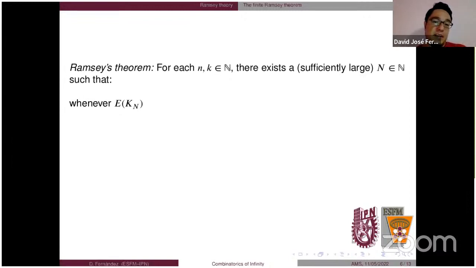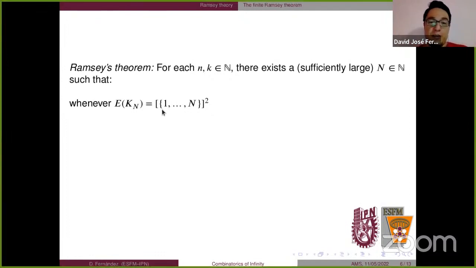You can think of it as the edges of a complete graph, or you can think of it in set theoretic notation, the set of subsets of this collection that have 2 elements. So it's picking 2 elements out of the numbers 1, 2, 3, all the way to N.